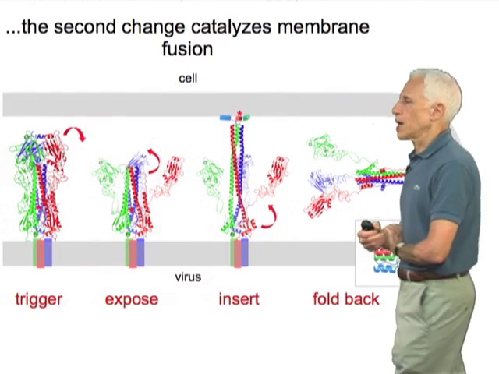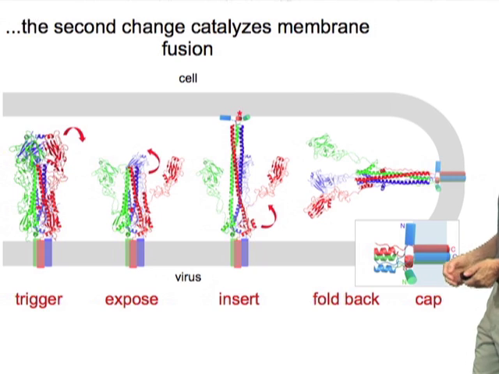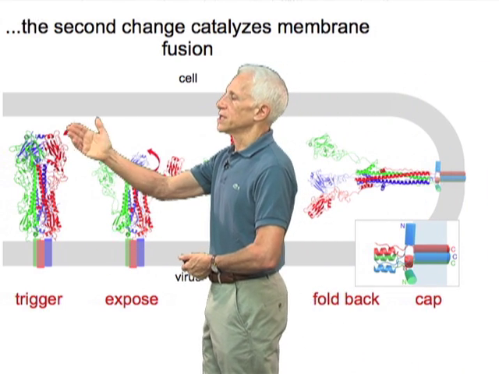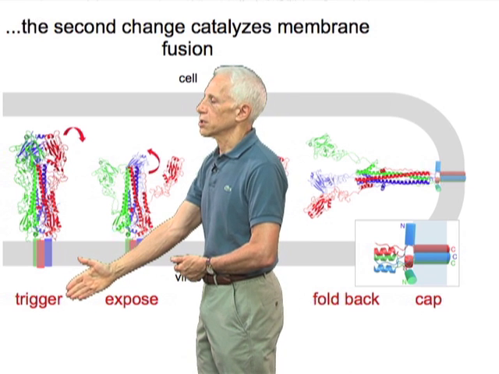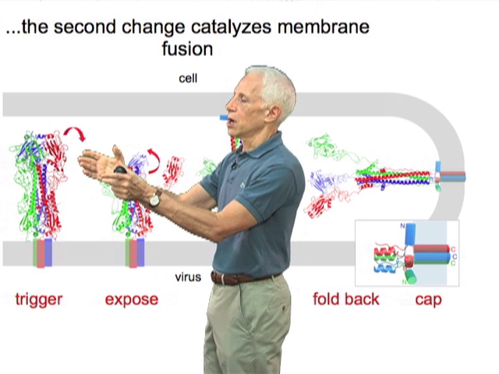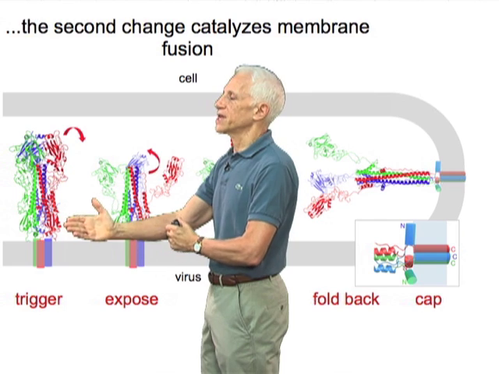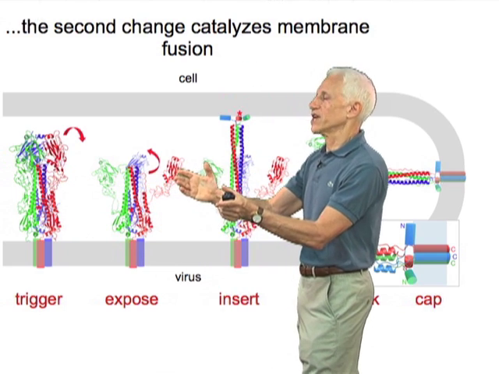So the fusion of membranes by influenza virus can be thought of then as a triggering process. We don't show actually the sialic acid attachment here, but a triggering process that leads to dissociation of the HA1 domains at the top. But there happens to be a disulfide bond down here that keeps HA1 from actually floating away.